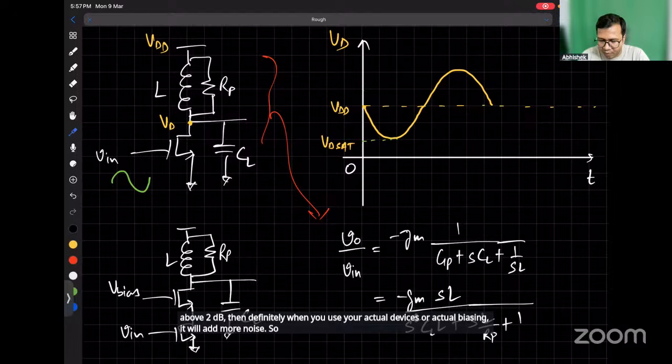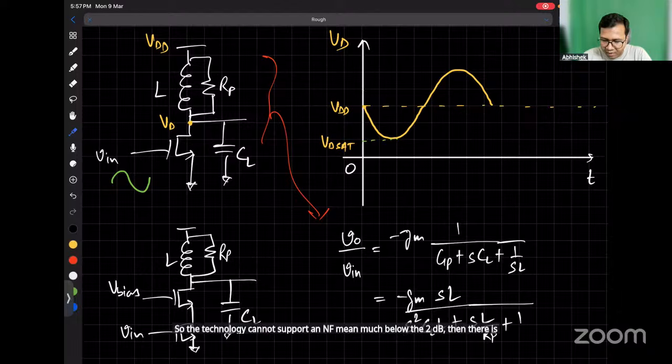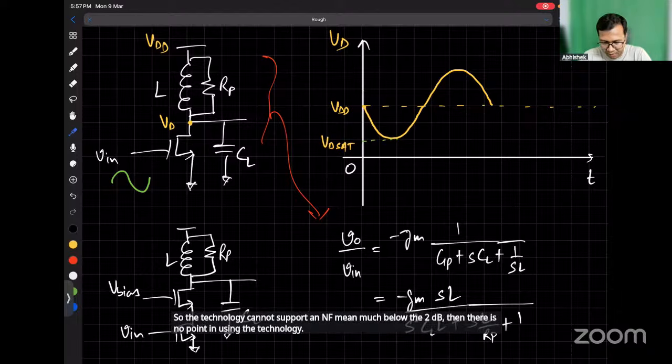So if you are targeting somewhere around 2 dB, it's better to have an NF-min of around 1 dB, 1.3 dB, something like that. If the technology cannot support an NF-min much below 2 dB, then there is no point in using the technology. Okay. Yeah, okay, sir.